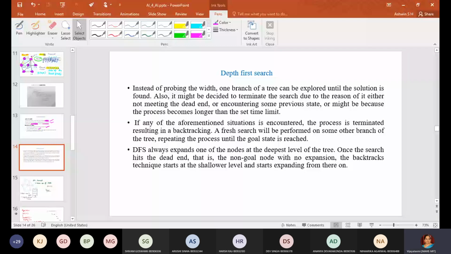Instead of probing the width, one branch of a tree can be explored until the solution is found. Suppose you have a tree like this. In case of BFS, you went like this, then like this, then you came back and went like this.